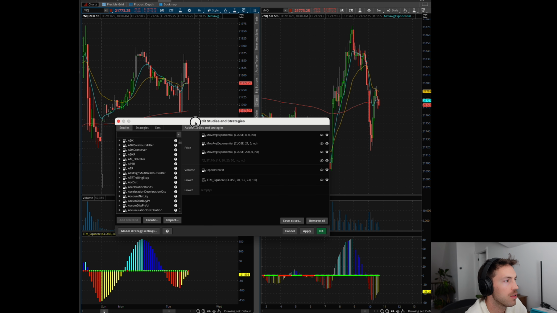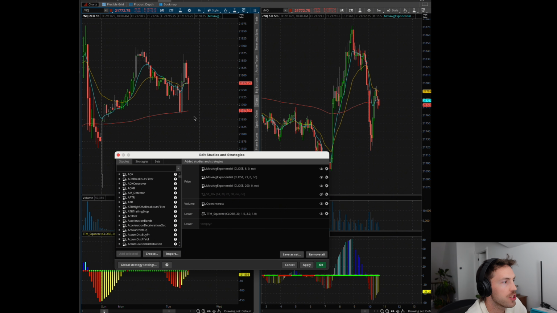The yellow is the 21, and the 200 is the red. This is really good for seeing where some support levels are. Obviously I'll draw my lines, but on a larger time frame, like an hour, it came down to that moving average, didn't break it, and bounced off of it, right?